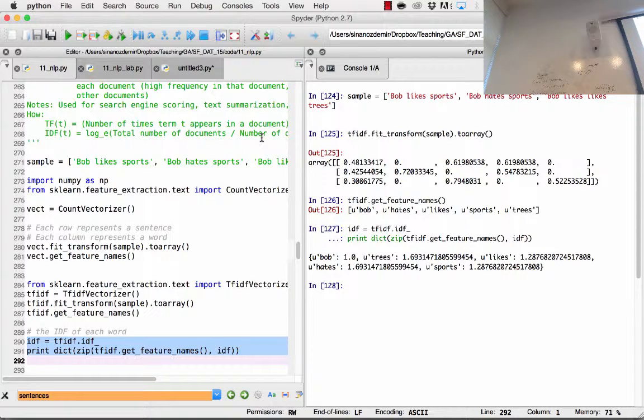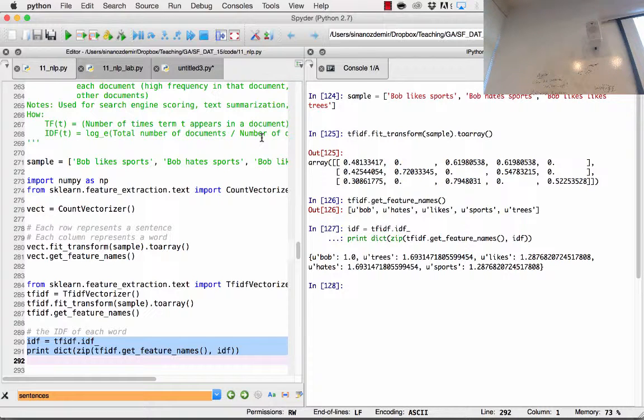The inverse document frequency stays the same across all of the documents. It is a single global variable that is, of all of these 10,000 documents, the inverse document frequency of cat. And it's defined as the log of the number of documents there are, divided by the number of documents that have the word cat in it.